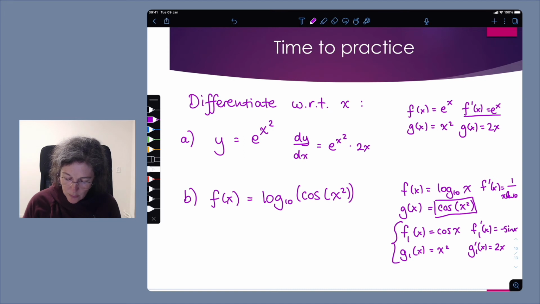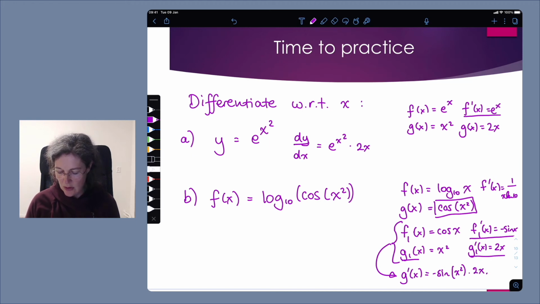So the derivative of g of x is going to be this derivative evaluated at g1, so that's minus sine of x, except we replace the x with x squared, times the derivative of g1, which is 2x. Phew. Okay, so what we've got is we've found the derivative of f, which is this over here, and we need to remember we evaluate that at g, and we found the derivative of g.